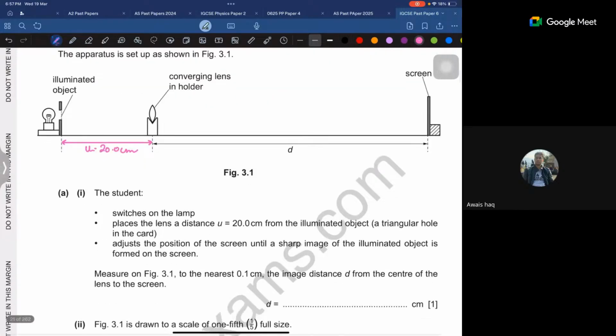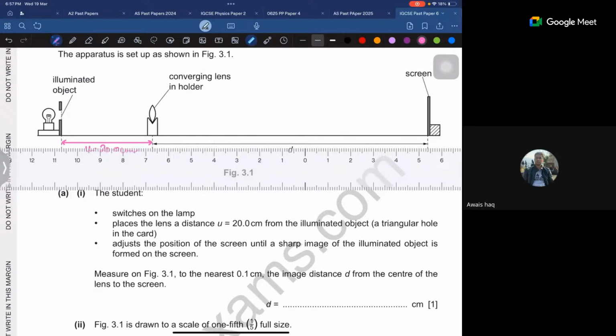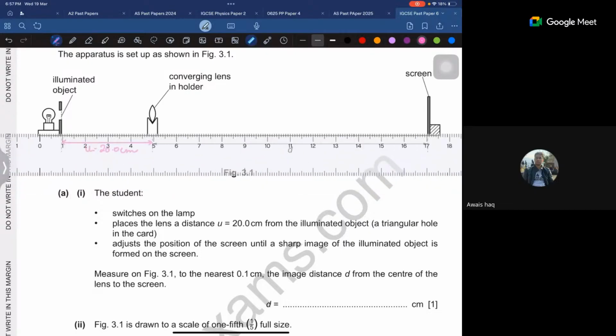Then it says adjust the position of the screen until a sharp image is formed. Measure to the nearest 0.1 the image distance from the center of the lens to the screen. Interesting, huh? First of all, we're going to measure this distance to build a scale.